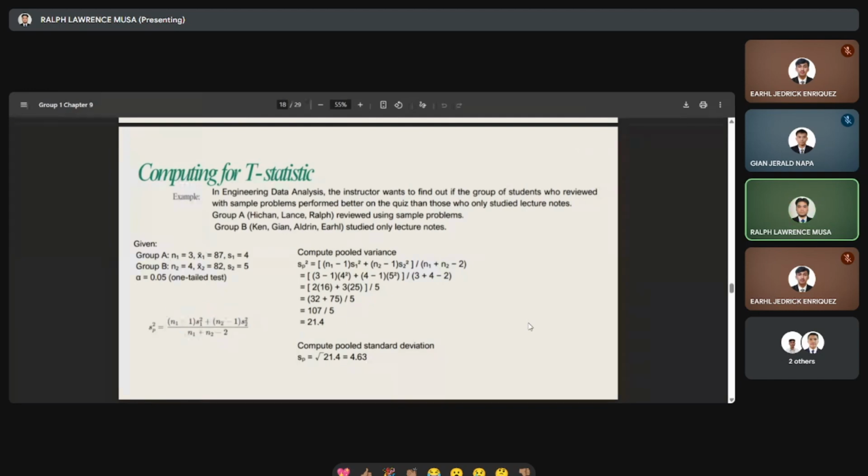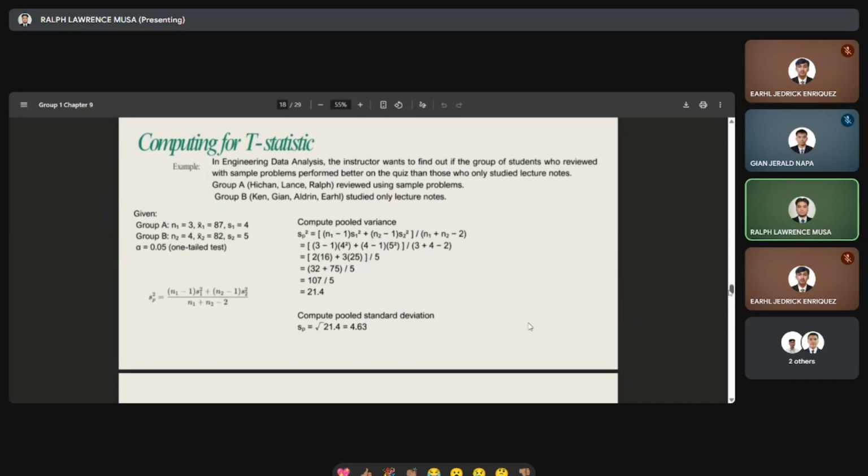Simplifying that, we get 32 plus 75 all over 5, which is 21.4. To compute the pooled standard deviation, we just get its square root. The square root of 21.4 is 4.63.